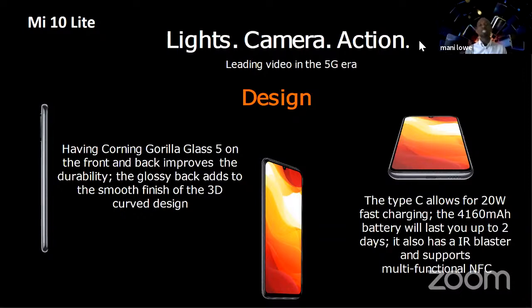And you've got the glossy back. All of these attributes are making it easy for one-handed use. It makes it a lot more comfortable to use as well. And you've got Corning Gorilla Glass 5 on the front and the back of the Mi 10 Lite. So we're protecting it all the way through.